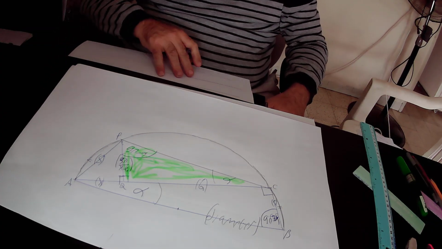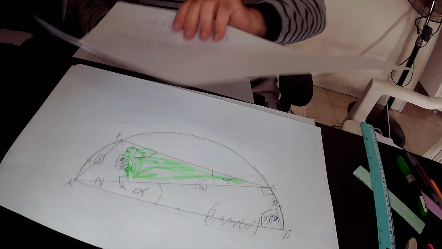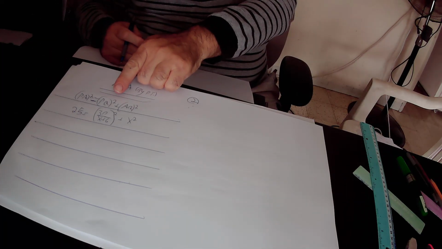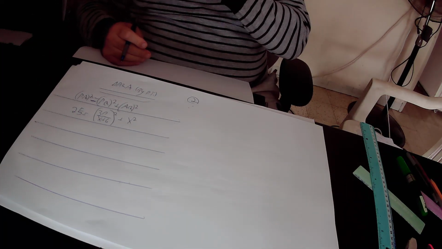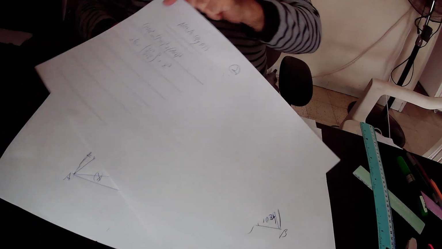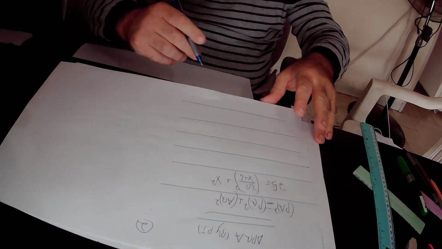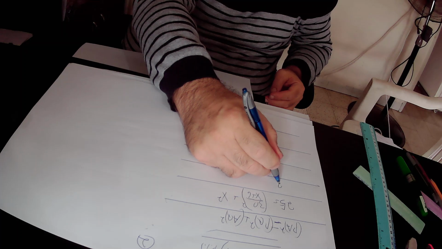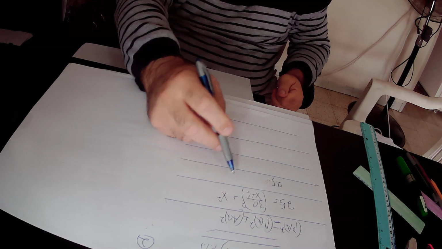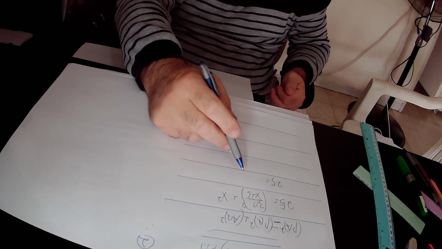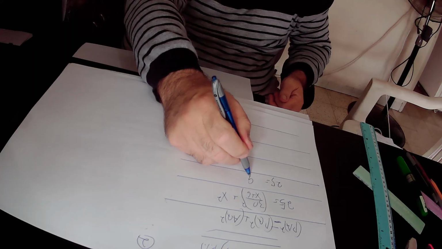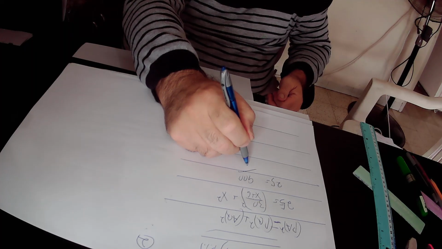So in total, we have found that 25 equals 30 over x plus 6, squared, plus x squared. 30 over x plus 6, squared, equals 30 squared, that is 900, over x plus 6 squared.